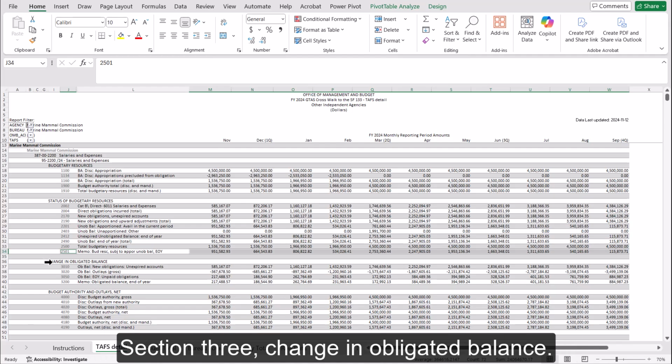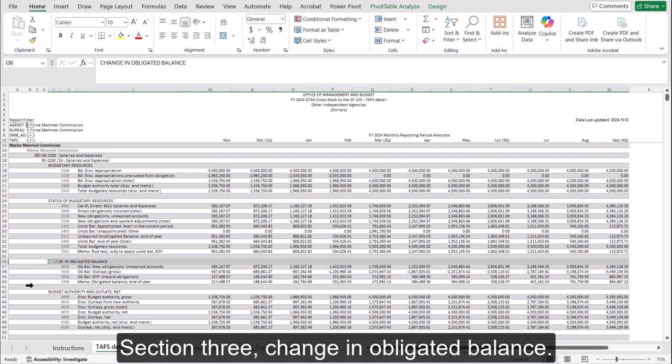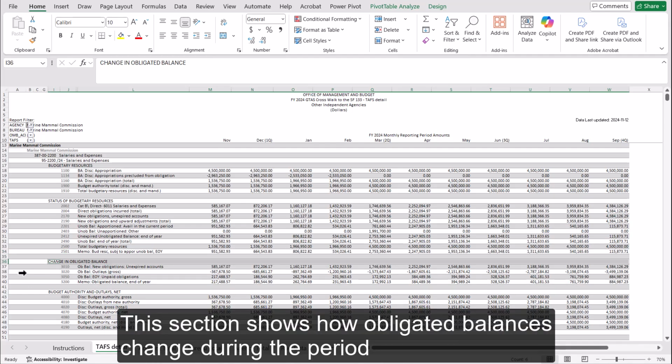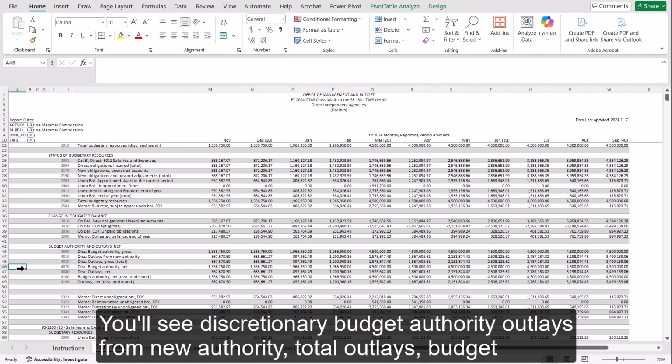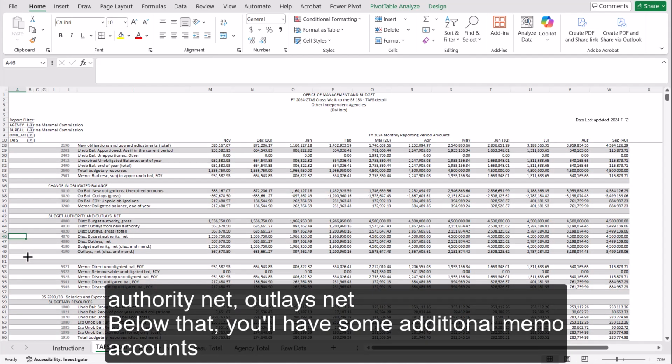Section 3, change in obligated balance. This section shows how obligated balances change during the period. Section 4, budget authority and outlays, net. You'll see discretionary budget authority, outlays from new authority, total outlays, budget authority net, outlays net.